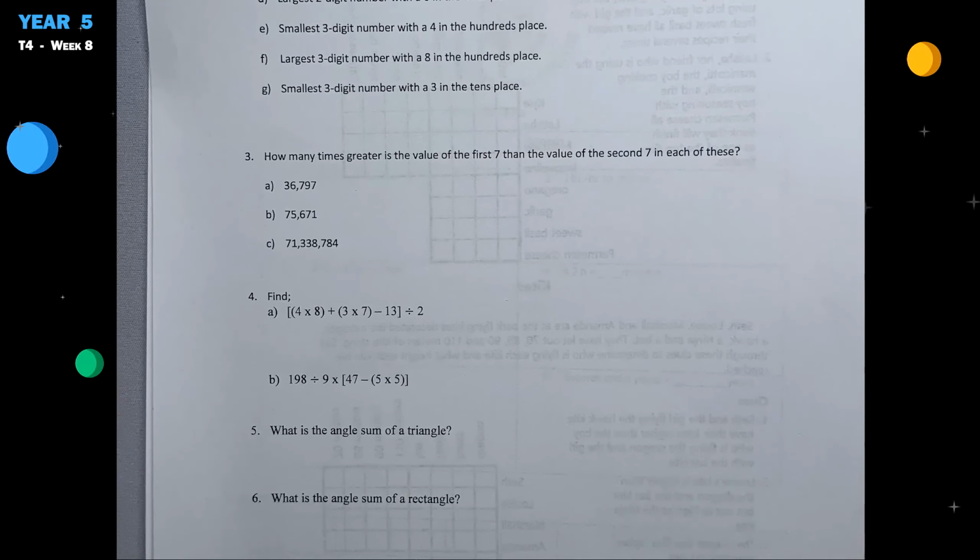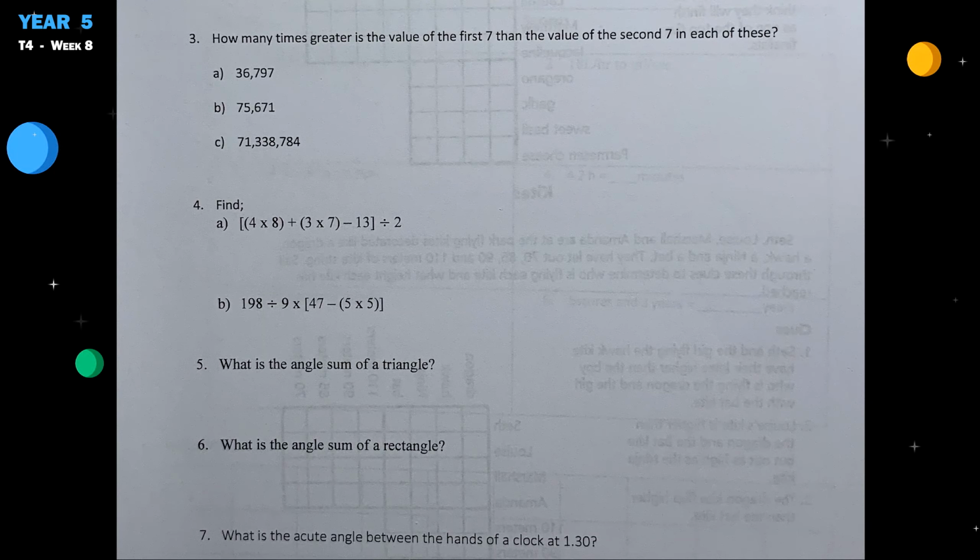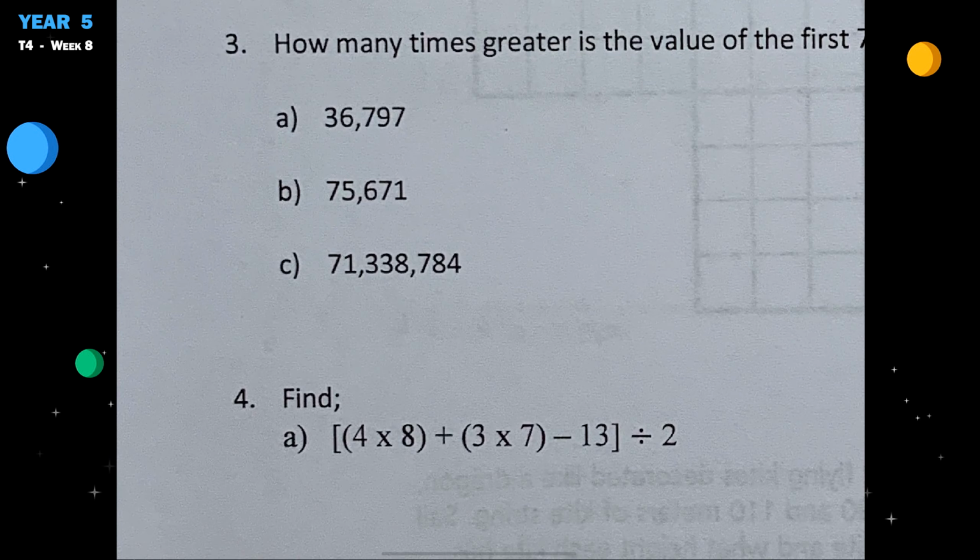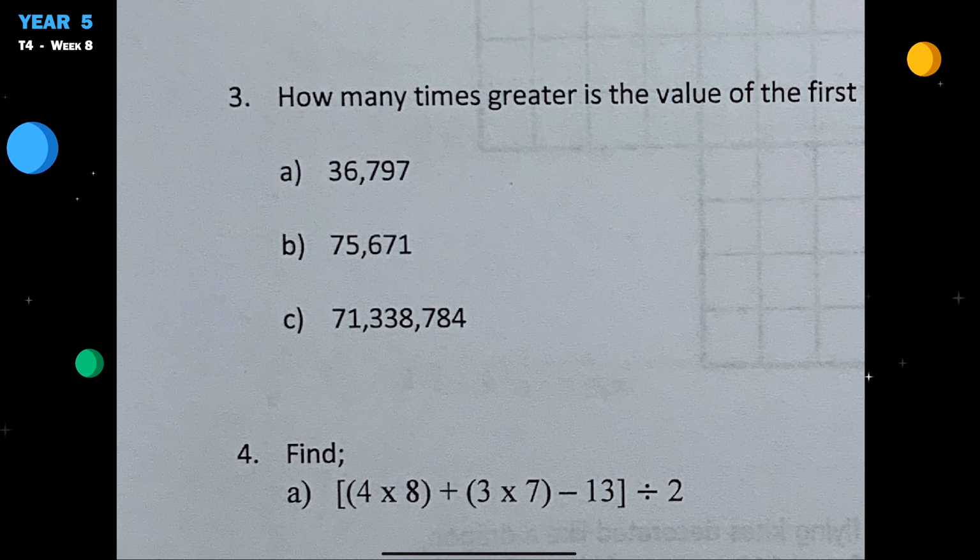You can do that. How many times greater is the value of the 7 in each of these? So here, the 7 is 7 what? This one here is 700, and this one here is the ones.